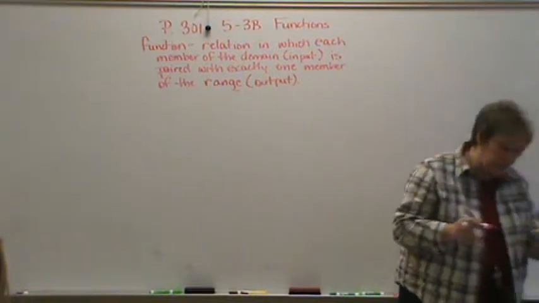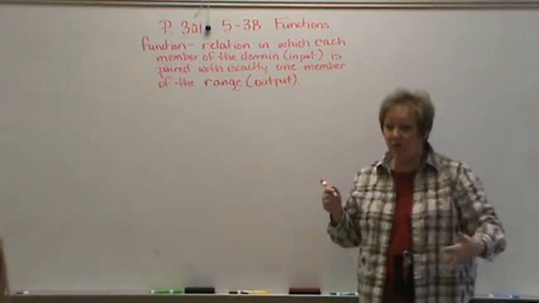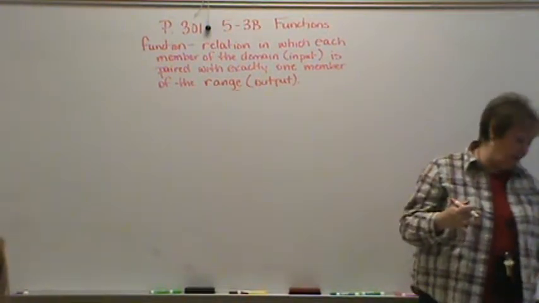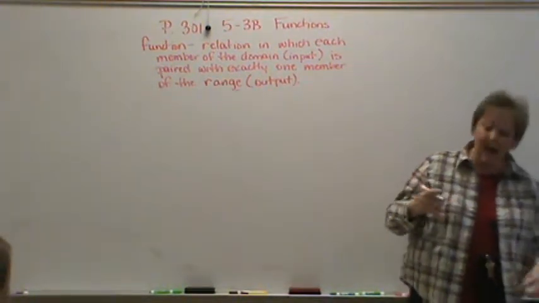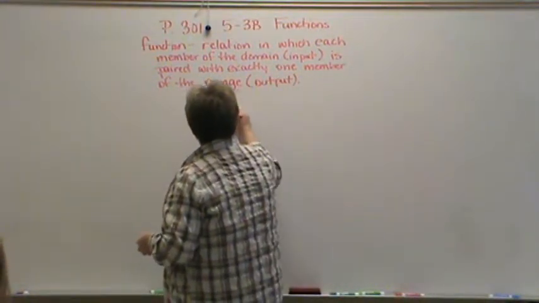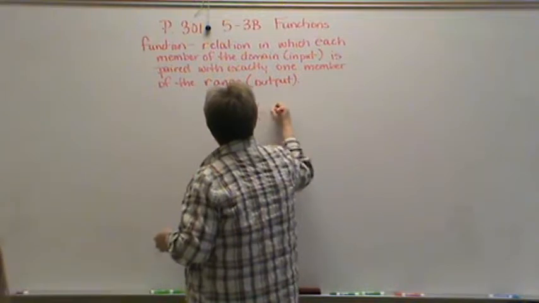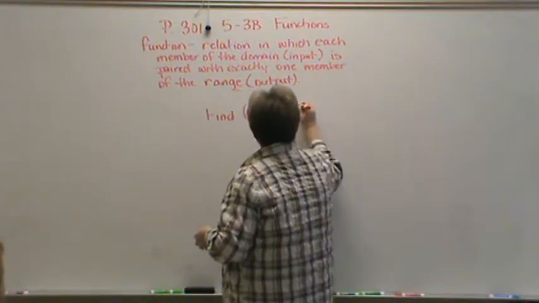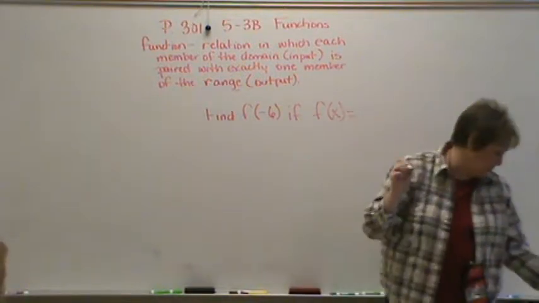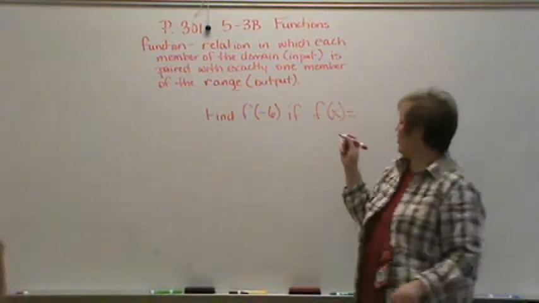So, first off, just to make sure that you understand something a little bit more about functions, I want you to find f of -6 if f of x equals 3x plus 4.